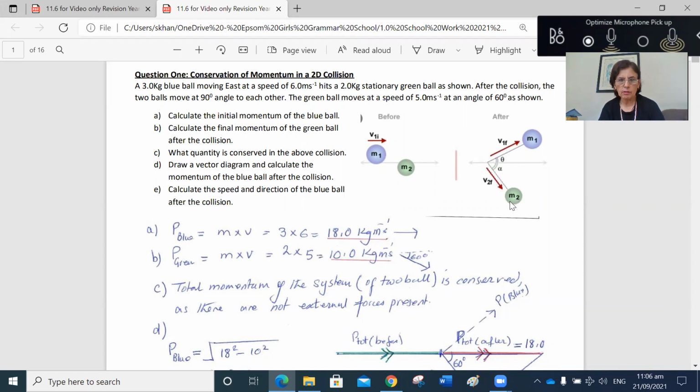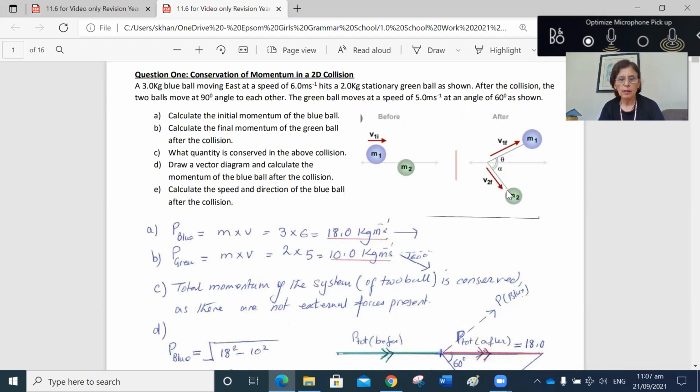What we are asked is what will be the speed and direction of the blue ball. Roughly the direction is given, but we are asked to find the exact angle and the size of the velocity, whereas we are given the velocity and direction of the green one.